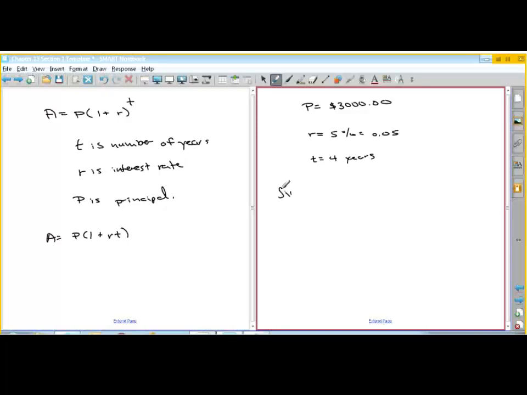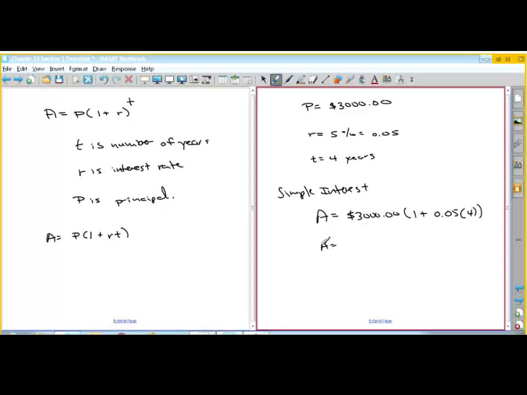If you use simple interest, the amount after 4 years is equal to the principal, $3,000, times 1 plus the decimal equivalent of the interest rate times the number of years.